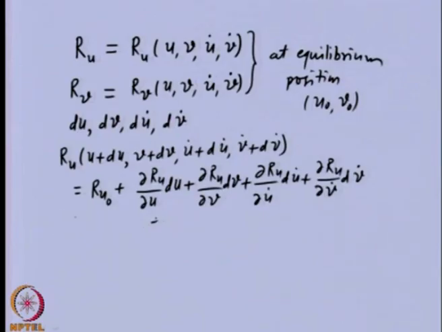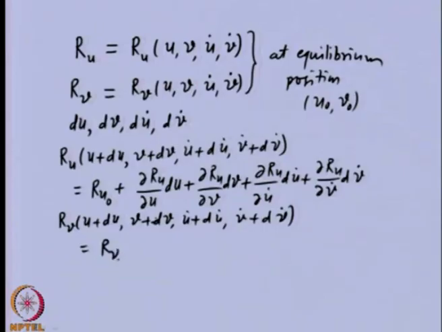I am again repeating this. Similar variation will be there in the v direction force, with the velocity components. So, this will be equal to the force in the vertical direction at equilibrium plus the variations.